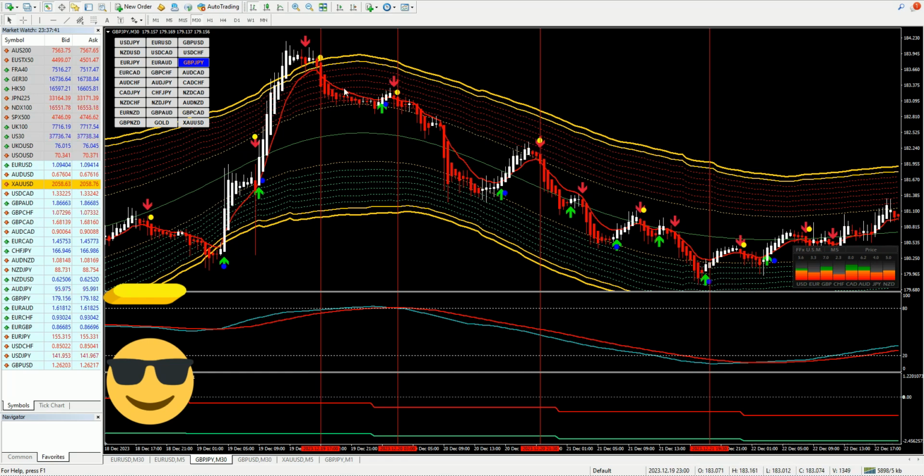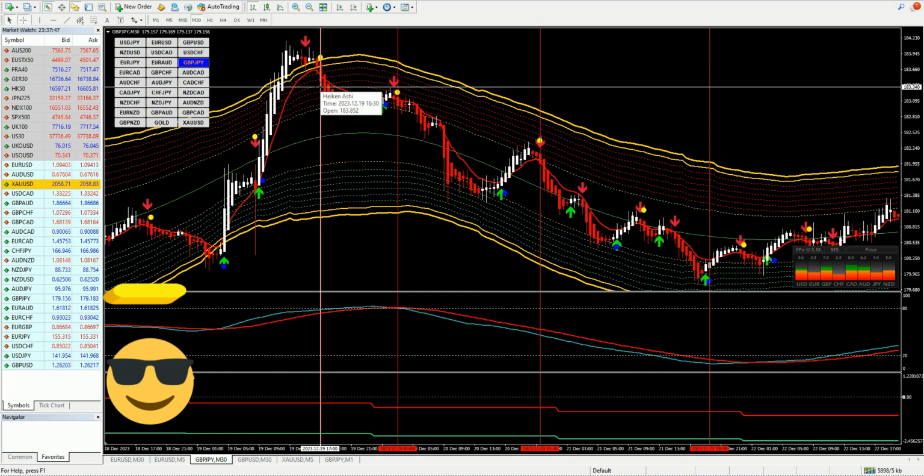And so if we look at the potential profit that you would have made here, let's just assume that you sold at the bottom of the candle and then you closed out at the top of the candle. And so if you closed out at the top of the candle in the first position, you would have received 3,180 pips profit.